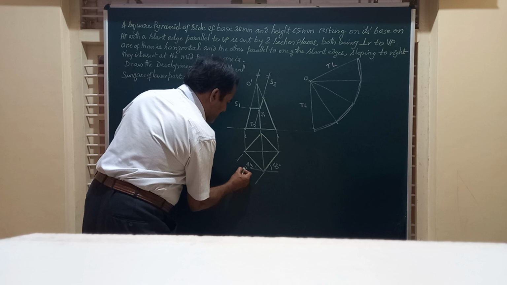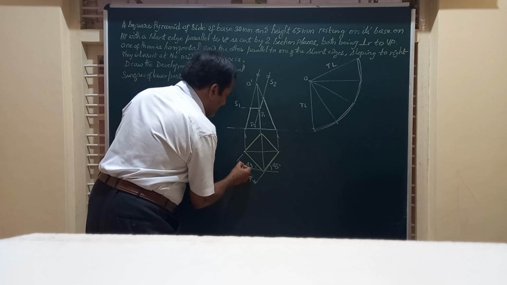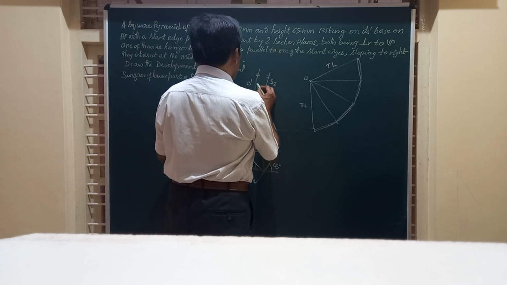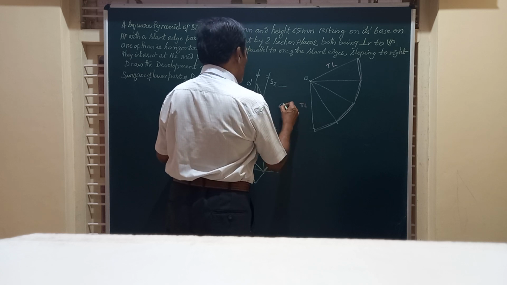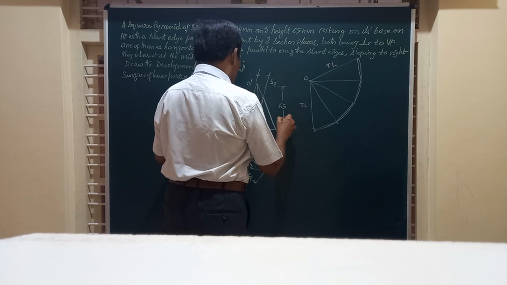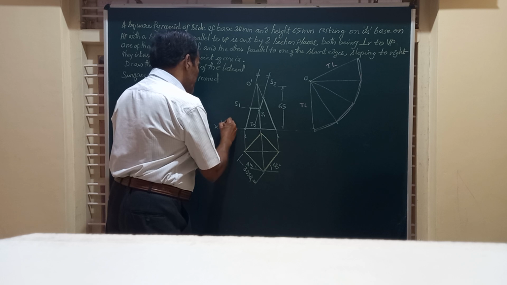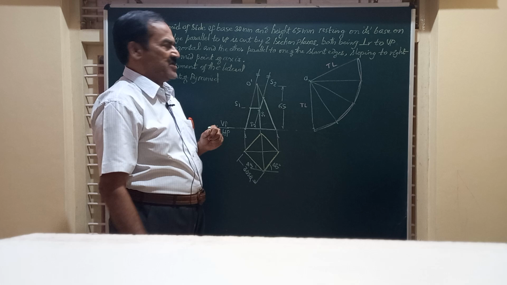I will say 30 SQ, SQ indicating it is a square of 30 millimeter side. And the height of this is given as 65 millimeter. So I will write a line here and show the height as 65 mm. So friends, this is the XY line, the line of intersection of VP and HP, and we are solving the problem in first angle projection.